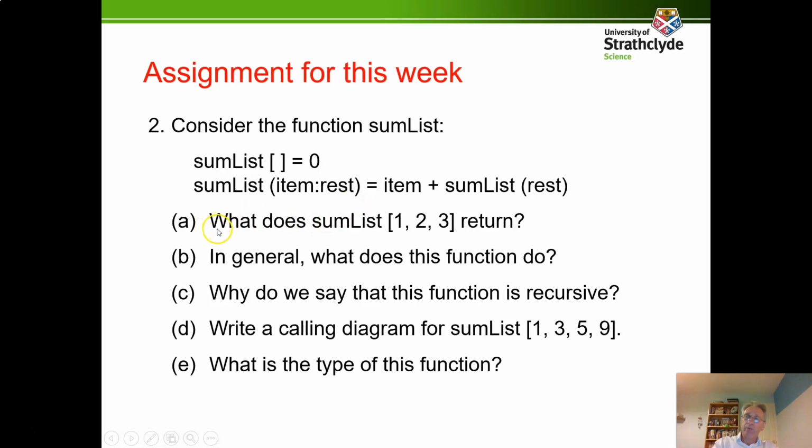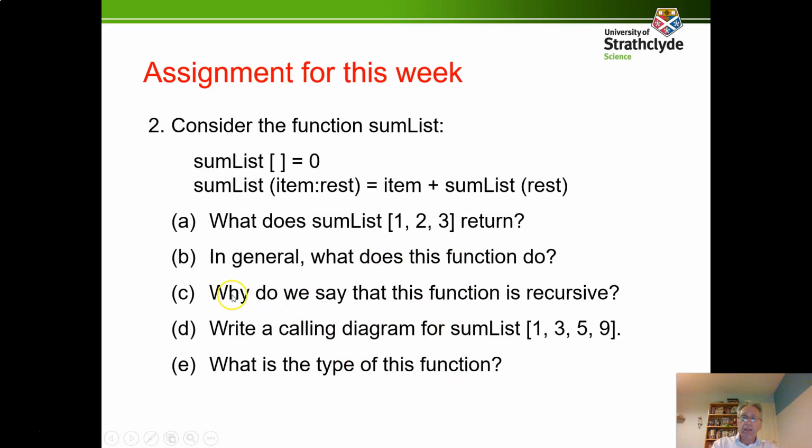So first of all, think to yourself, what does SumList 1, 2, 3 return? You should be able, through the lecture and through the Haskell tutorial that we did, to work out what that's going to return. And then, having done that, think about what in general this function does. I'm going to pass it what, and what will it return? What's the input? What's the output?